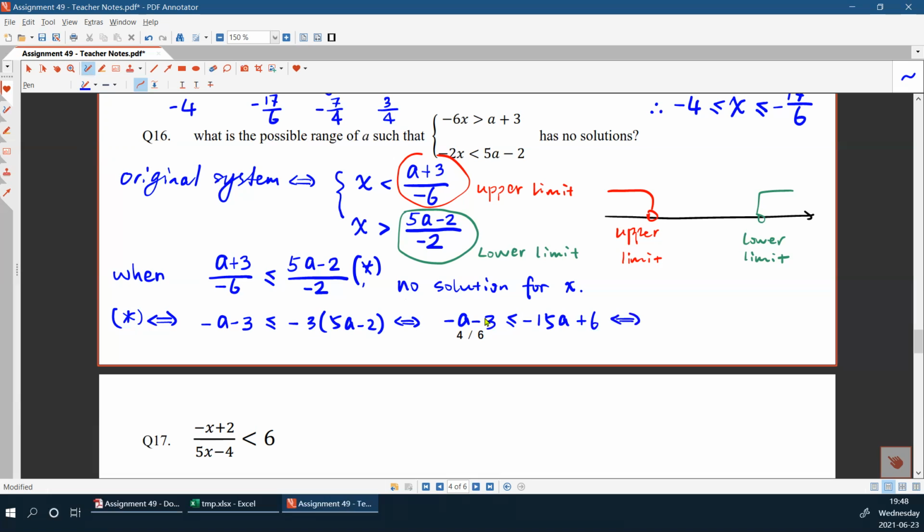Okay, so we can put minus 15a to the left hand side. This will give us 14a. And 14a is smaller than or equal to 9, right? And then we can divide both sides by 14. So the final solution is a is smaller than or equal to 9 over 14.